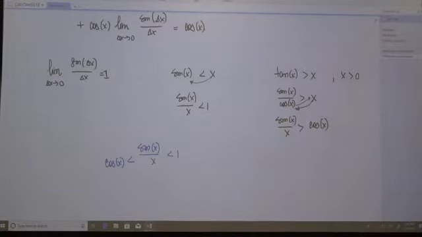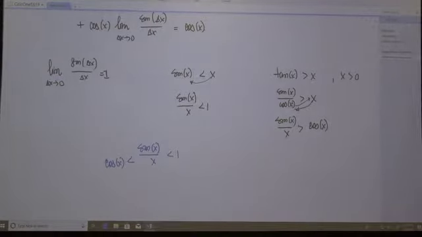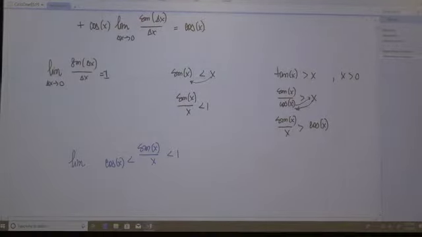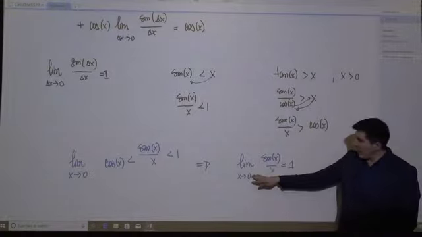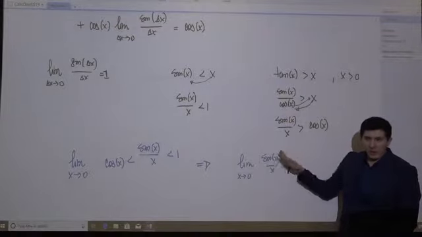So that is why the limit of sine of x over x as x goes to 0 is equal to 1. Do you remember we said that we need to calculate these limits together?